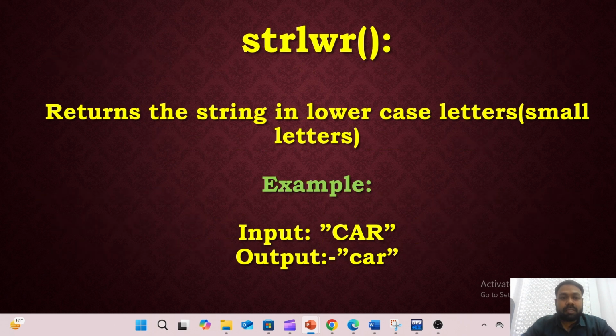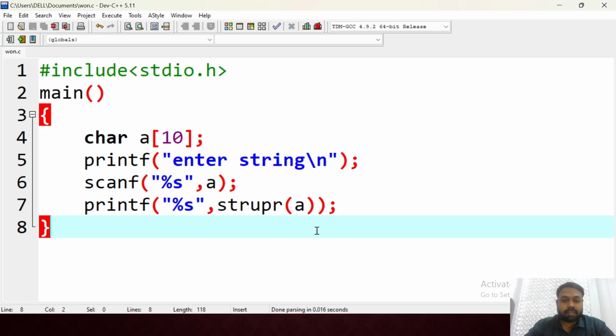The next one is strlwr. It is just the reverse of strupr. strupr converts lowercase letters to uppercase letters, whereas strlwr converts uppercase letters to lowercase letters. Let me show you the example.